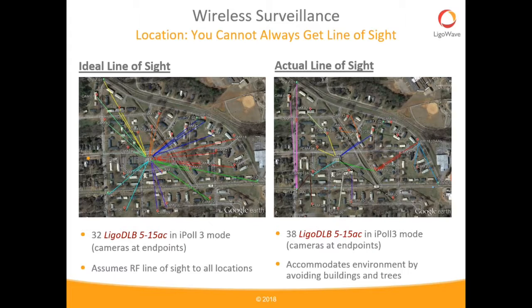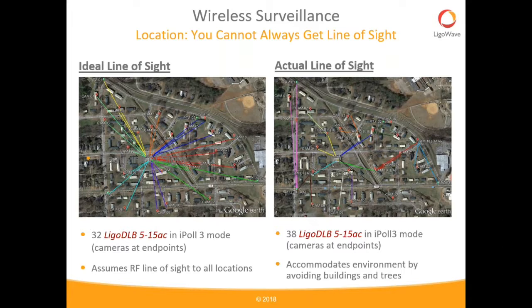Now, one of the frustrating things about design is, where do I actually put these links? Because you can't always get line of sight. So the example on the left is showing you the ideal line of sight.